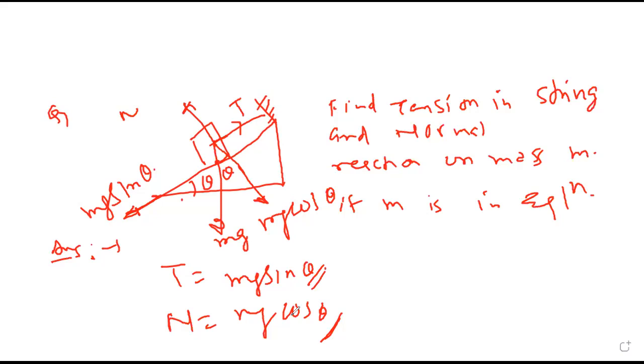Done. Next one I'm doing. Sir, here why can't we write N cos theta equal to mg? We want N, no? So I followed that. But we can get N as mg by cos theta then. No, it is not like that. This is mg, you have resolved two components.